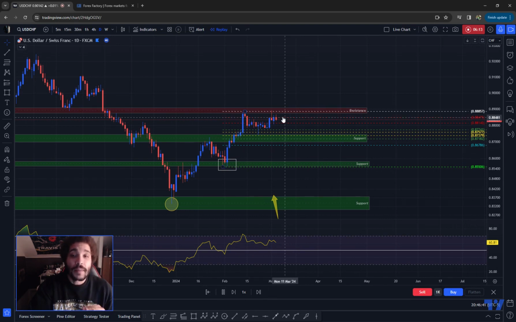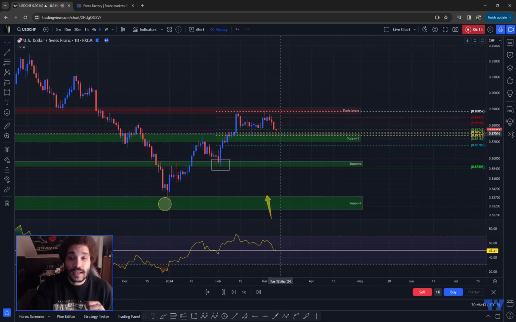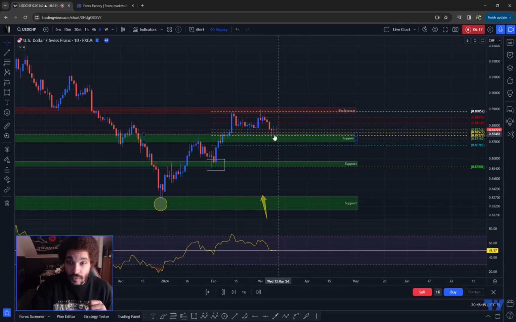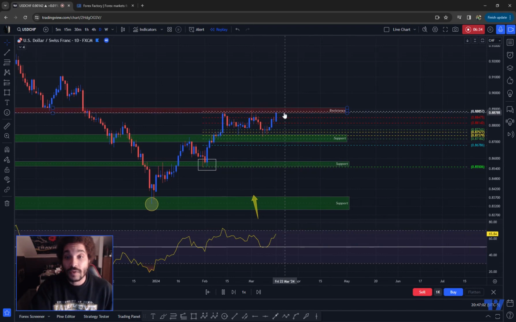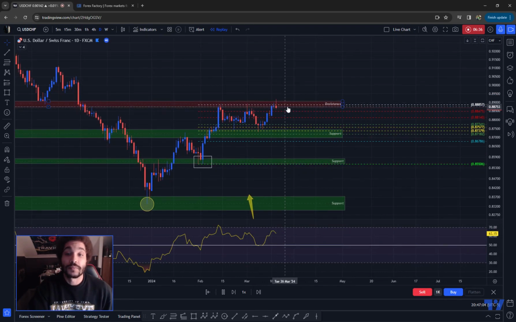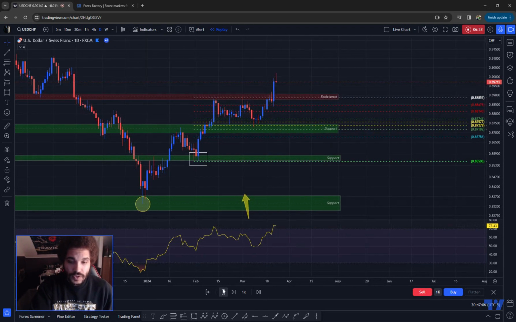So what ends up happening is that price comes back down, tries our retracement area again, and on that try, the USD ends up getting another hot read for CPI as well, and it just so ends up being enough to help price come back up to our resistance and then eventually break out. So what was the breakout? What helped us break that out?